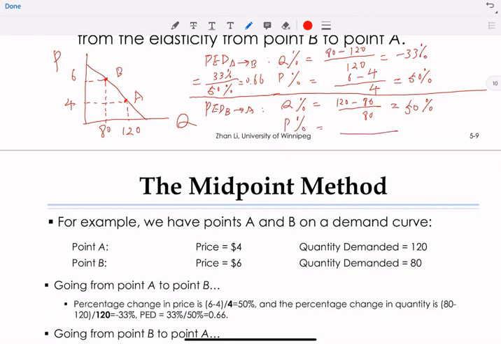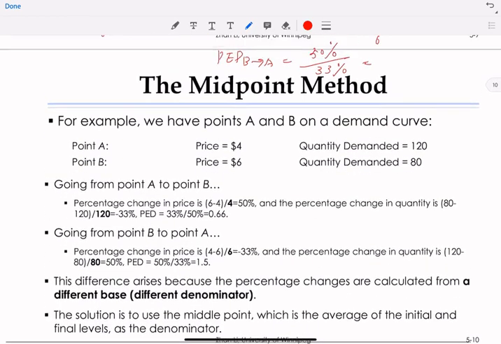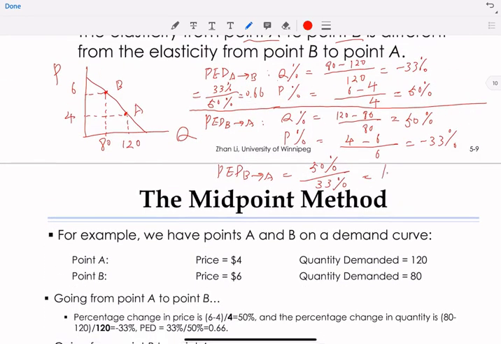Well, you start from 6 and you would end up with 4. So this is, I think, minus 33%. So here the price elasticity from B to A is equal to 50% divided by 33%, which gives you 1.5, right? 1.5.